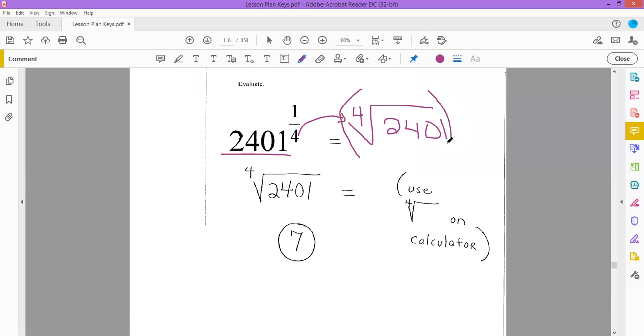And we want to raise that 4th root of 2,401 to the first power. And again, raising a term to the first power does not change the value. So that just becomes the 4th root of 2,401. Now, the 4th root of 2,401 can be simplified. That gives you 7.